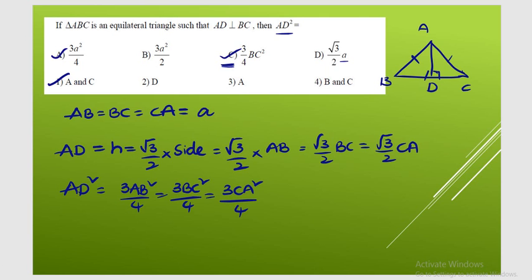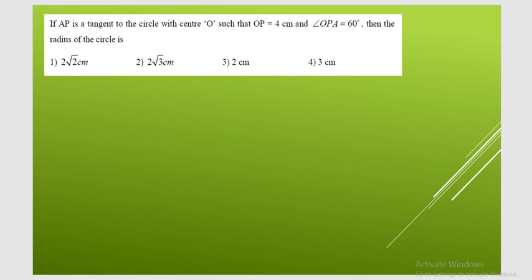Okay, next moving on to one more question. This is a problem related to secants and tangents to a circle. What he has given: if AP is a tangent to the circle with center O such that OP is equal to 4 centimeters and angle OPA is equal to 60 degrees, then the radius of the circle is.